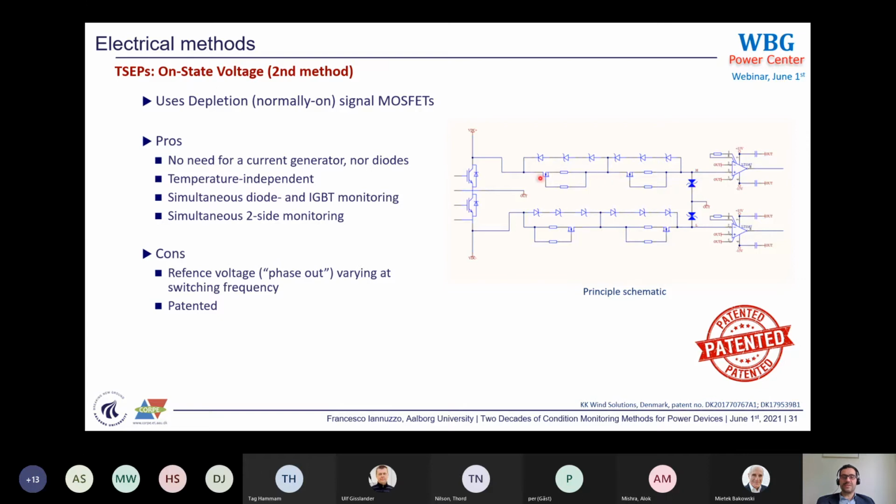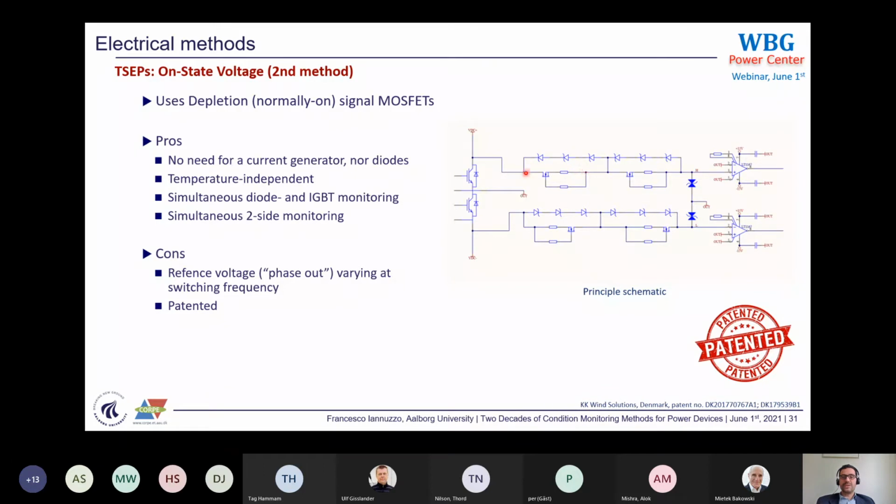And you can put MOSFETs in series if your blocking voltage is not enough. What happens during the off state? During the off state, this voltage is very high, so the drain tends to be at high voltage, but you can see the gate is connected to the source.